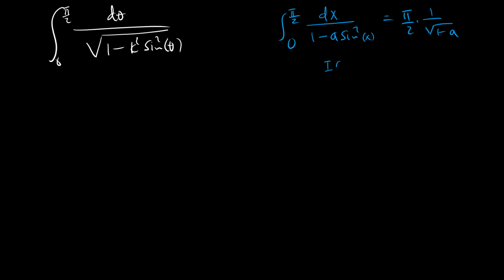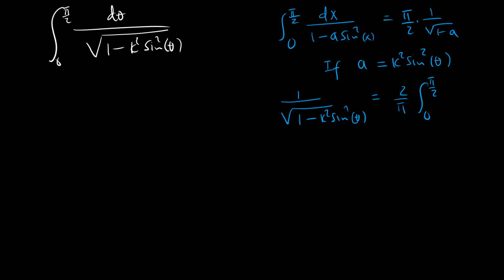If a is equal to k squared sine squared theta, then it means that 1 over the square root of 1 minus k squared sine squared theta is equal to 2 over pi, the integral from 0 to pi over 2 of, instead of x, let's use phi, over 1 minus k squared sine squared theta times sine squared phi.